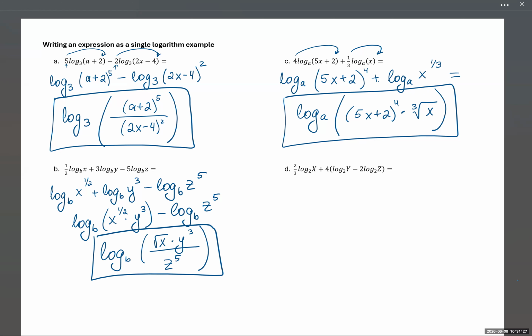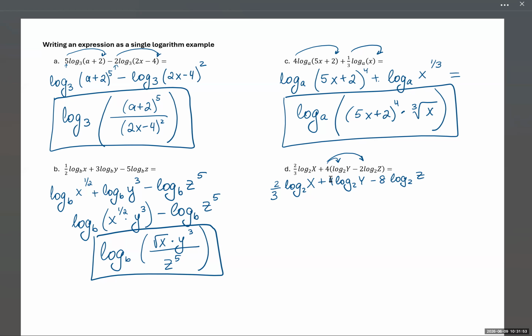All right, last one, same thing, but the first thing we have to do is distribute this 4, since there's two logs that depend on it inside the parenthesis. So 2/3 log base 2 of x plus 4 log base 2 of y minus 8 log base 2 of z.